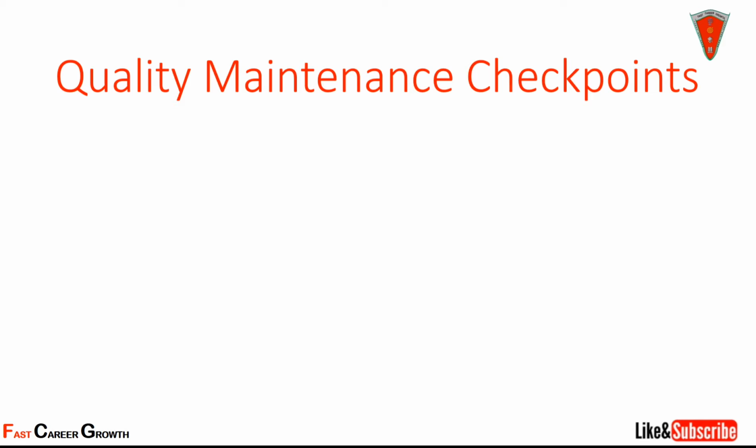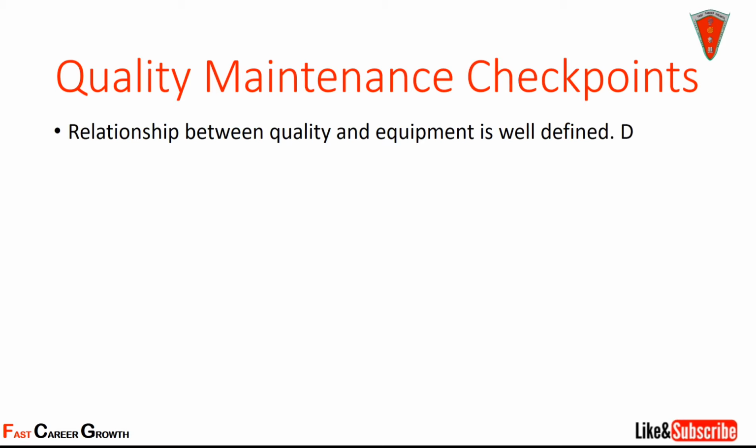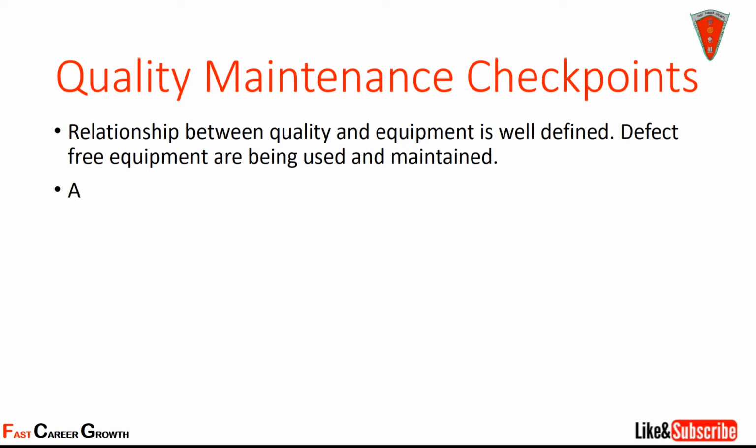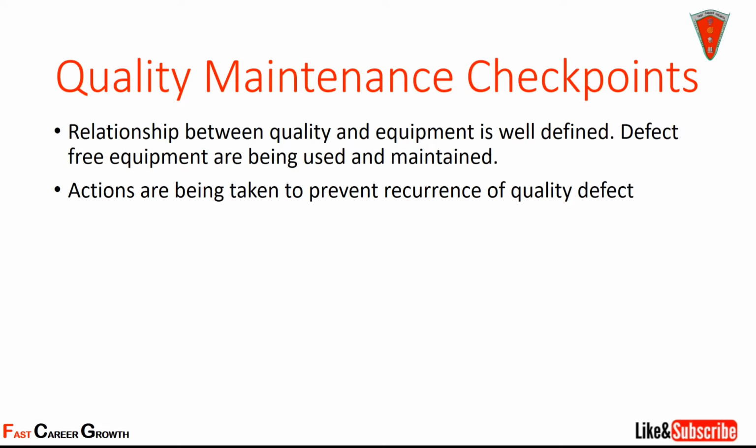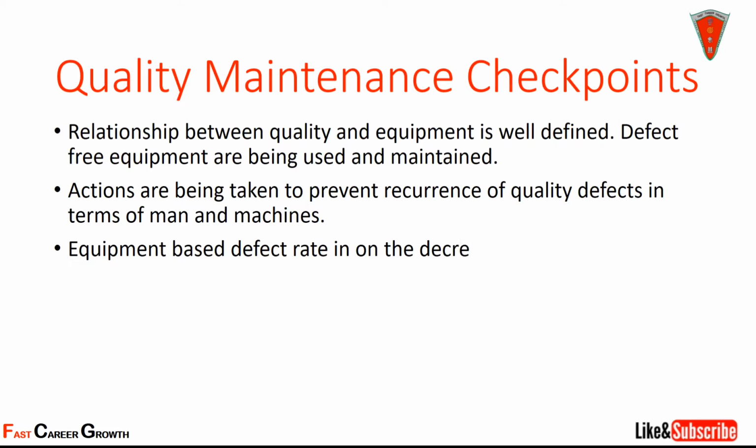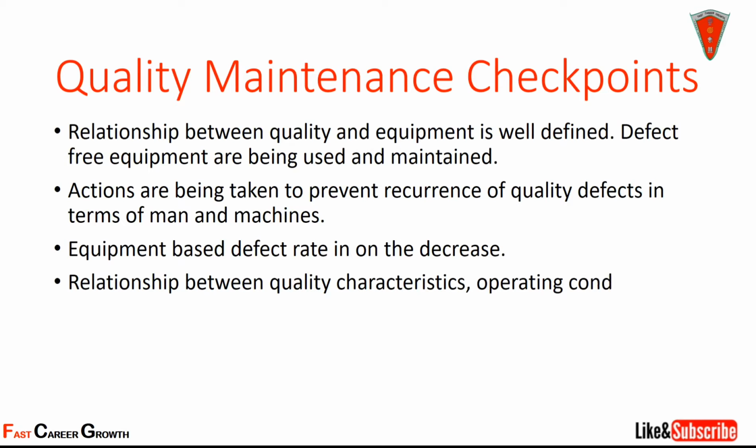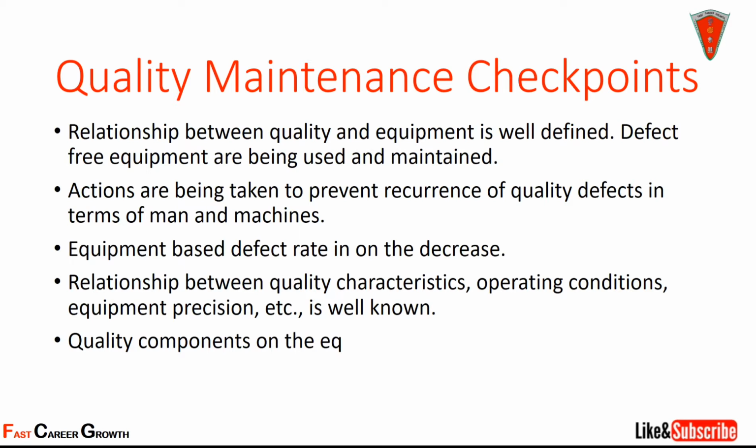That means relationship between quality and equipment is well defined, defect-free equipment are being used and maintained, actions are being taken to prevent recurrence of quality defects in terms of man and machines, equipment based defect rate is on the decrease, relationship between quality characteristics, that means operating conditions, equipment precision is well known, quality components on the equipment have been designed for easy inspection.